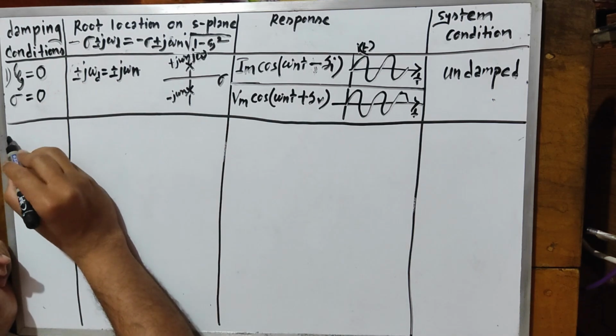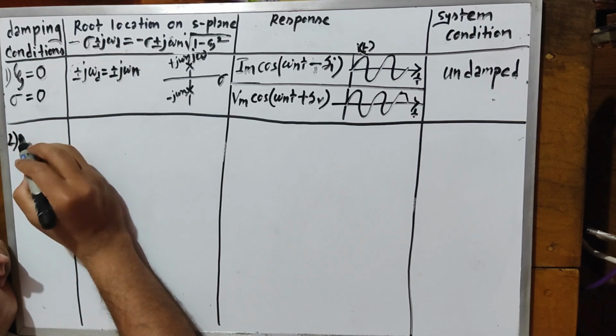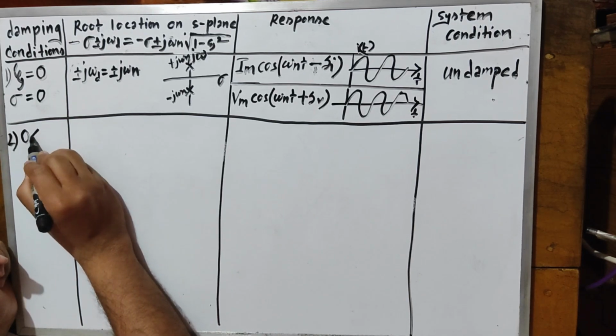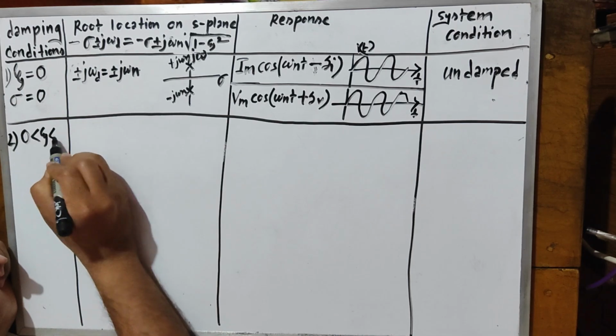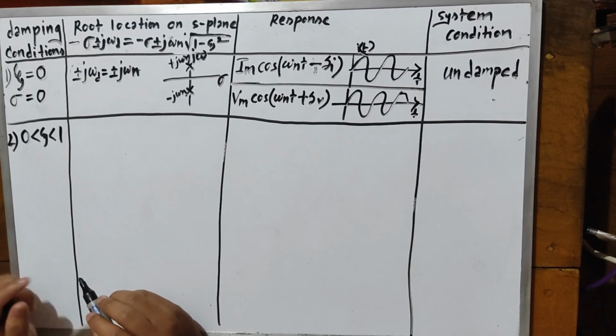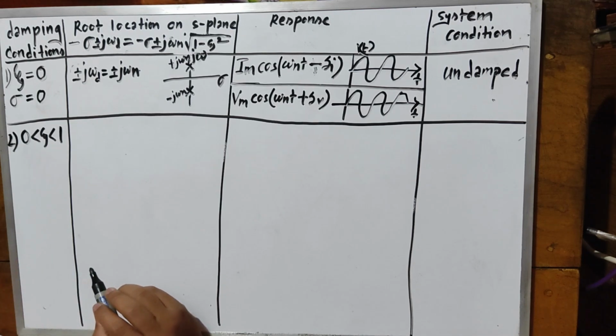Now number 2 is when the damping ratio is greater than 0 but smaller than 1. What will happen then?